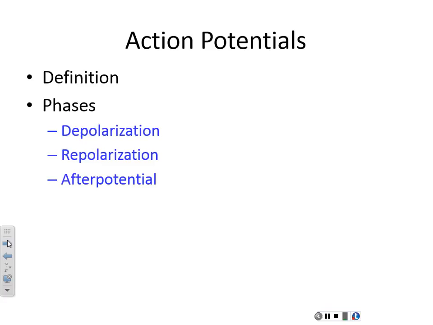So an action potential is propagated along an axon. These are large membrane potentials that reach threshold and are conducted along the length of an axon. And it has 3 phases.